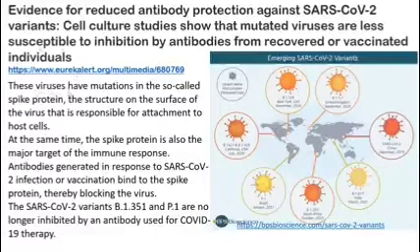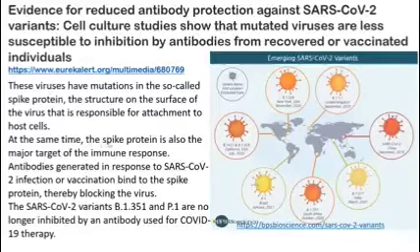These viruses have mutations in the so-called spike protein. The spike proteins are the structures on the surface of the virus, like these threads, that are responsible for attachment to host cells. They mutate so that they change these spike proteins to attach better to the host cells.